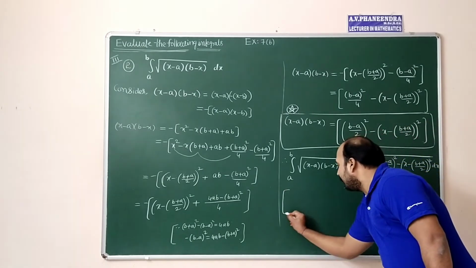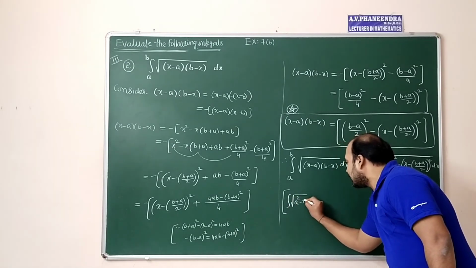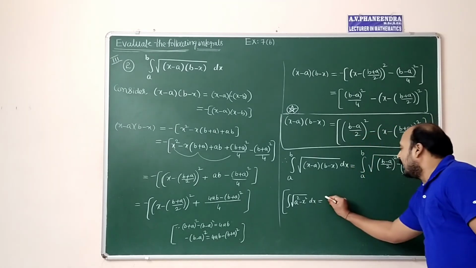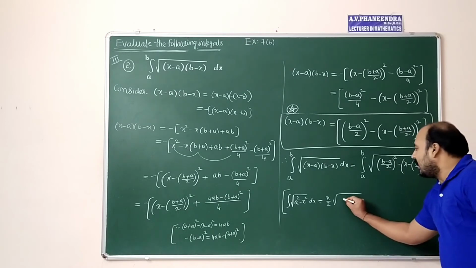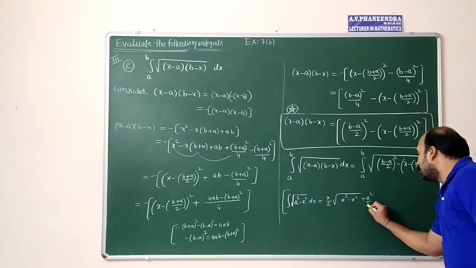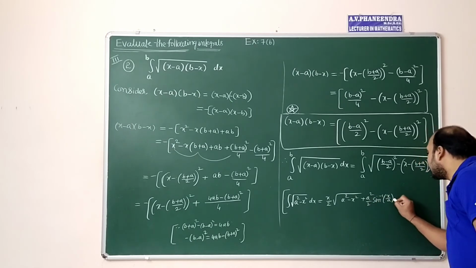We have the formula: integral square root of a square minus x square into dx is equal to x by 2 into square root of a square minus x square plus a square by 2 into sine inverse x by a plus c.